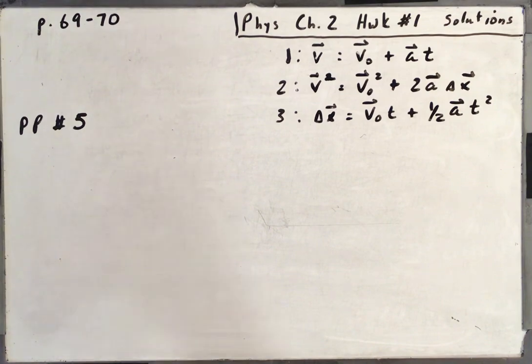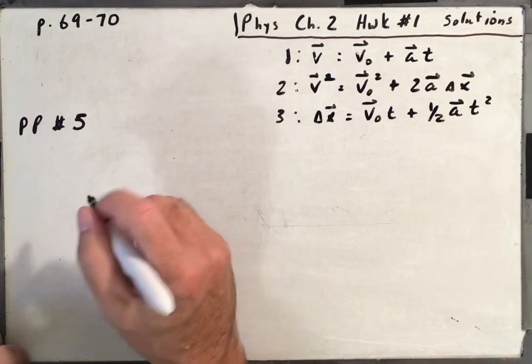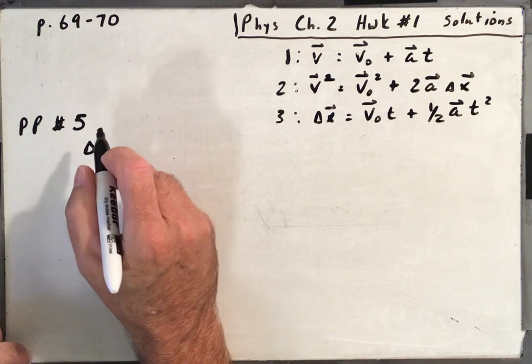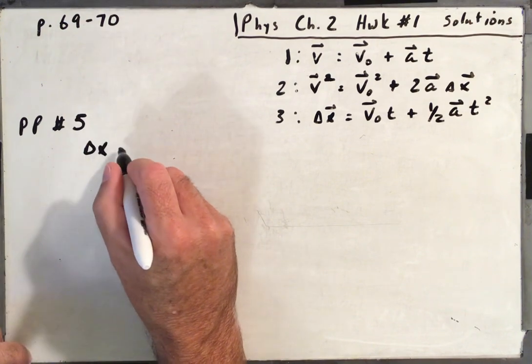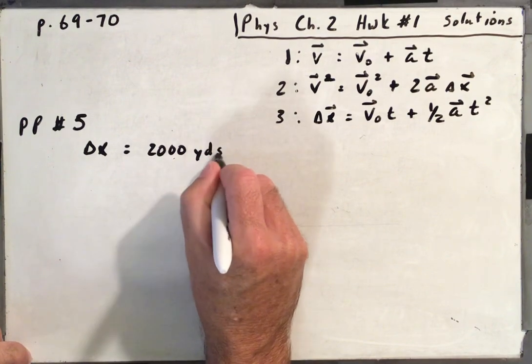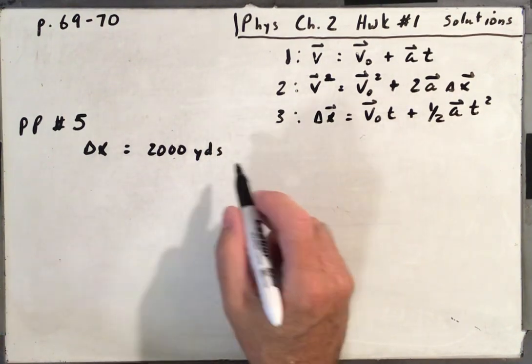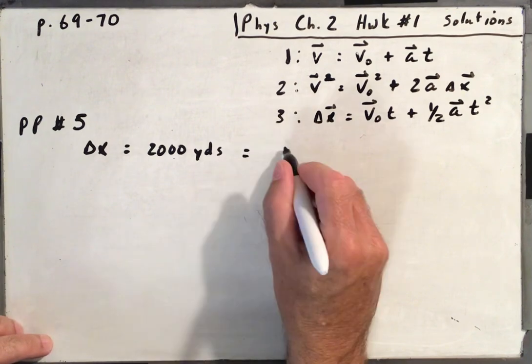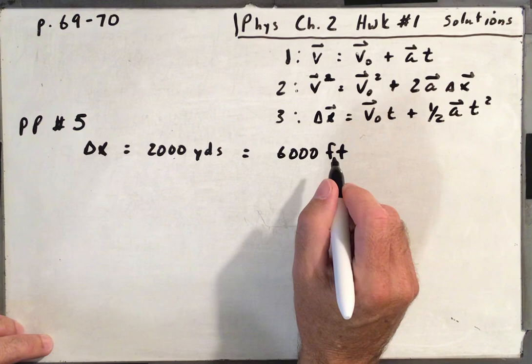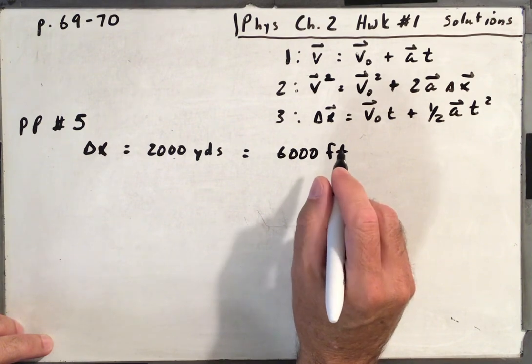Okay, let's write what we know. So delta x is equal to 2,000 yards, but we need to change that into feet, and there's 3 feet in a yard, so that's going to be 6,000 feet. All right.